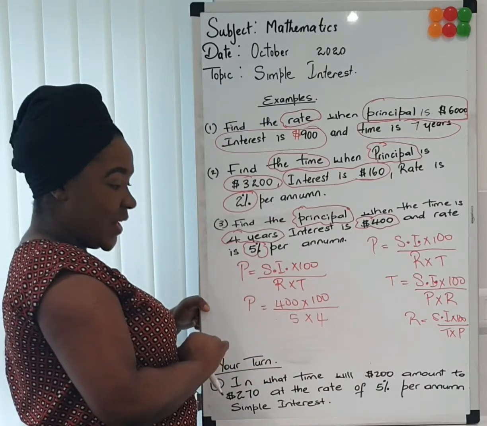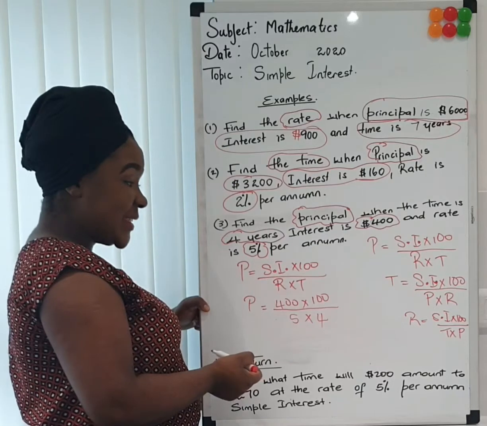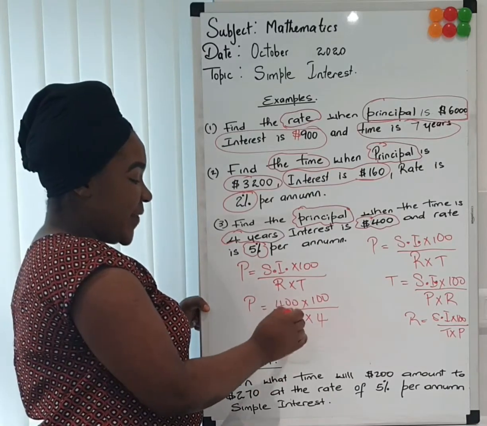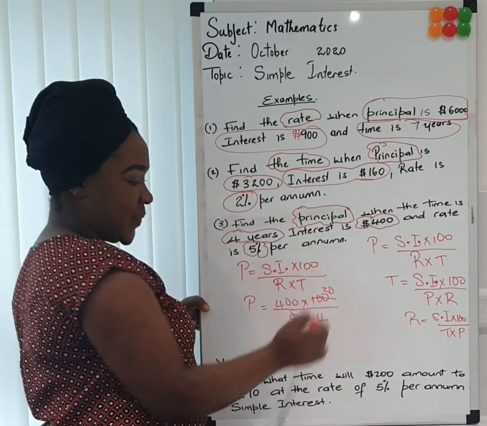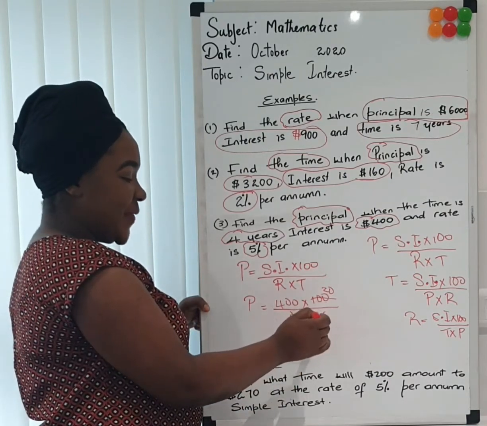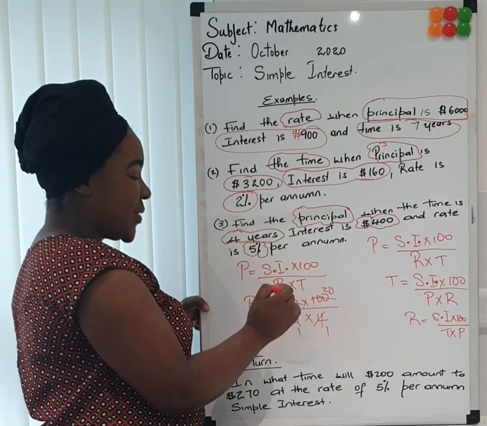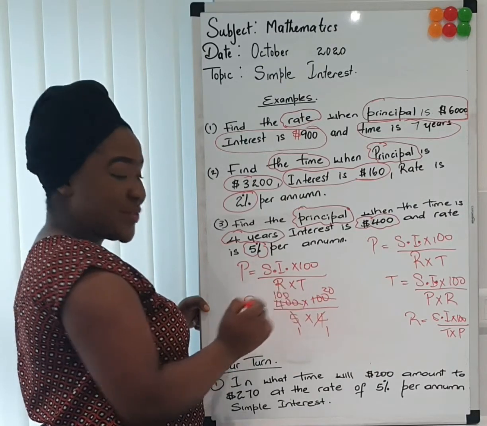I've done all of that so far. I'm going to go ahead and simplify. I see my 5 here, I can say 5 into 5 is 1, and 5 into 100 is 20. I see my 4, I can say 4 into 4 is 1, and 4 into 400 is 100.